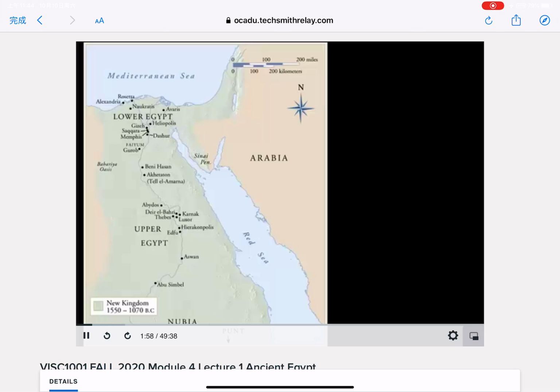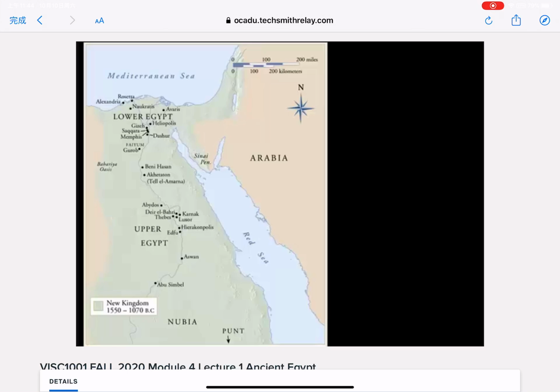Now, one thing that's interesting about the Nile River is that it runs northward. The origin of the Nile River is actually below this screen, further south in Central Africa. And the river runs northwards and empties into the Mediterranean Sea.